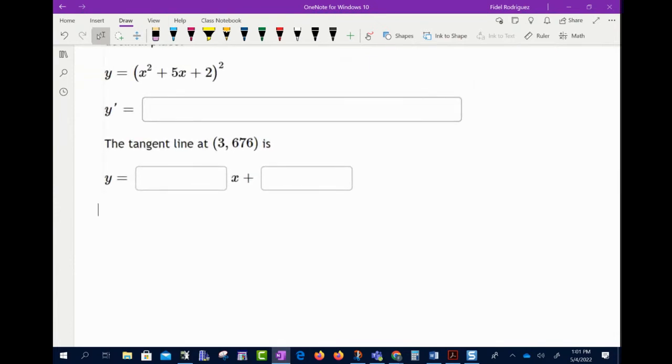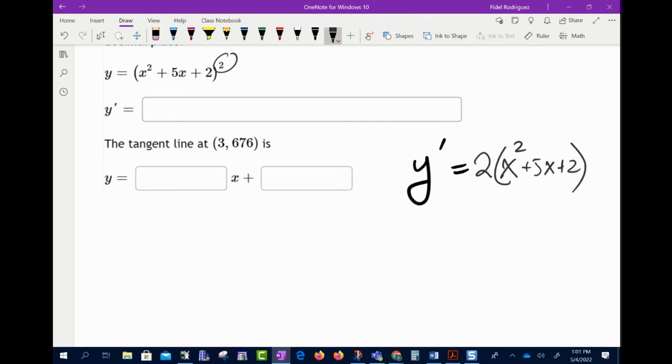All right, so you guys, in case you didn't realize, I am going to have to use the chain rule here. Okay. So y prime, remember the way we're going to do the chain rule: we're going to bring this 2 down to the front, and then I'm going to leave everything I have inside there, x squared plus 5x plus 2. And then I have to subtract 1 from that exponent.